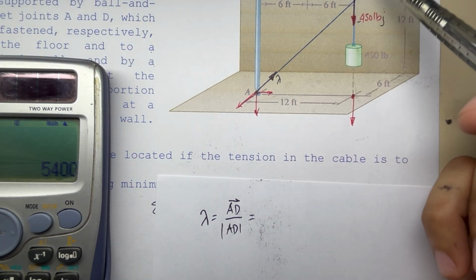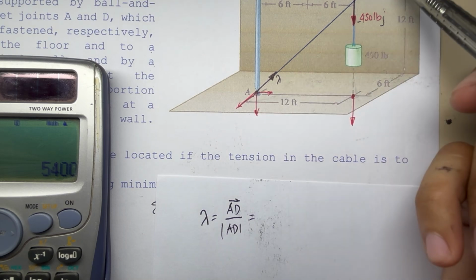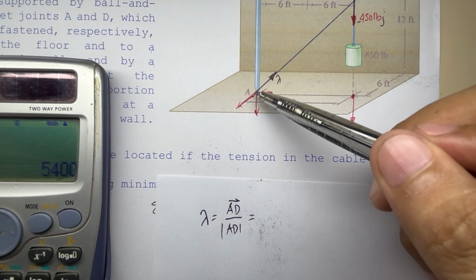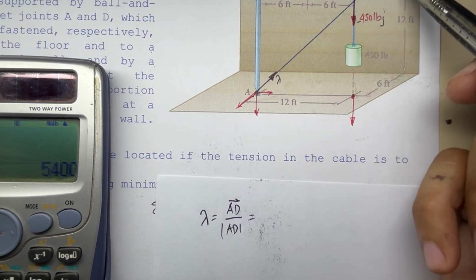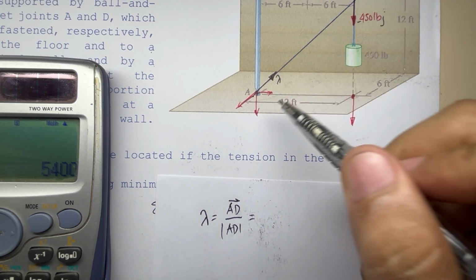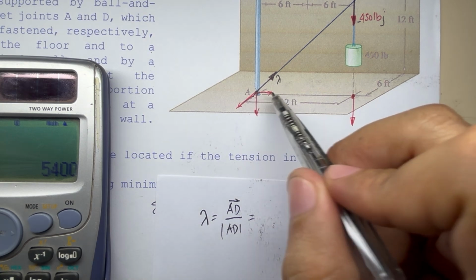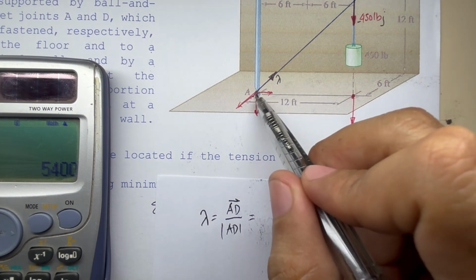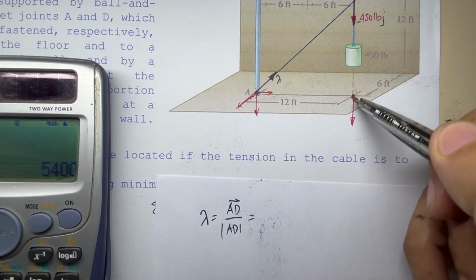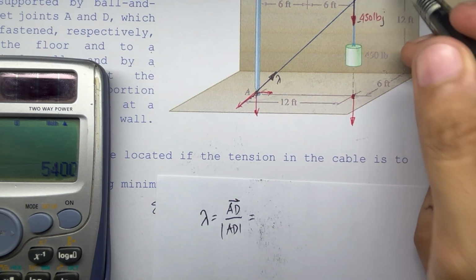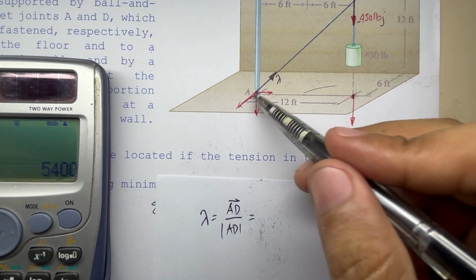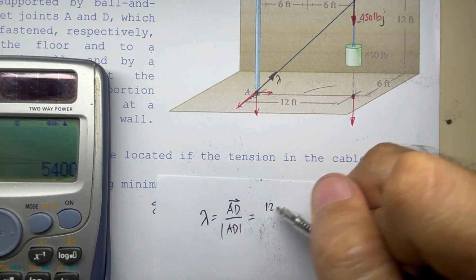It is from points A to D. We get from point A to point D by going 12 units horizontally. For X, we have positive 12i.